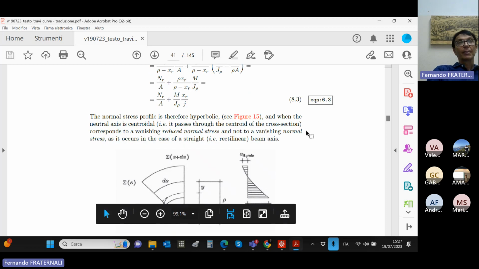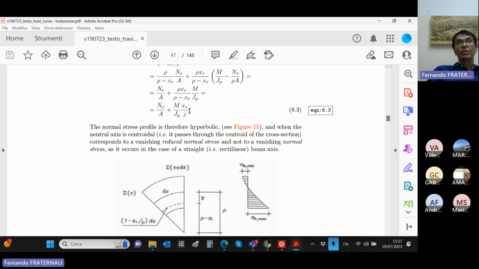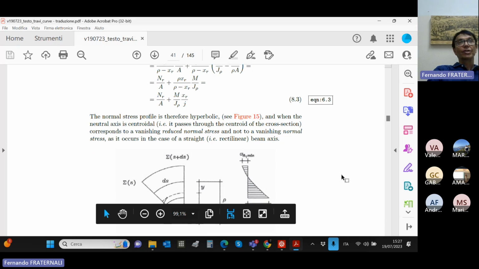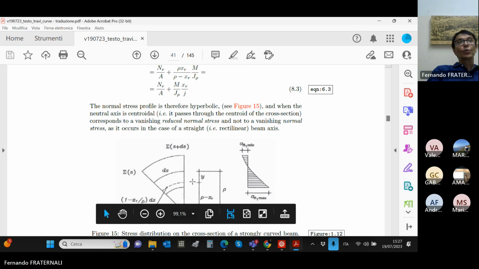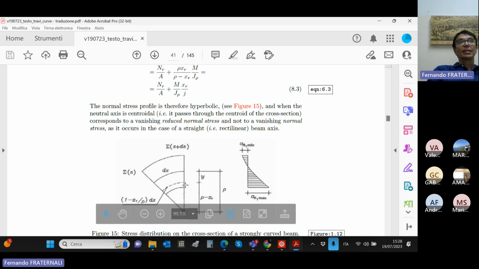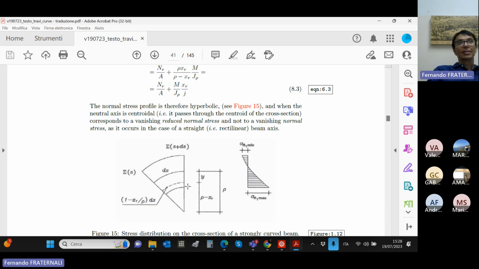So we have that the maximum and the minimum value of the normal stress are not equal to each other, are different, and we have a concentration of the stress towards the point at which the radius of curvature of the intrados is slightly varied with respect to that of the central line.